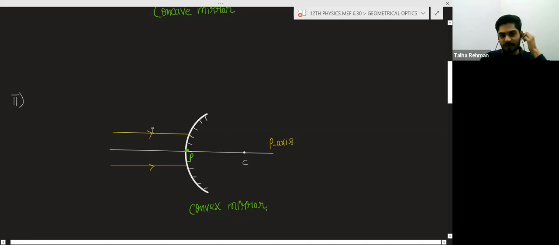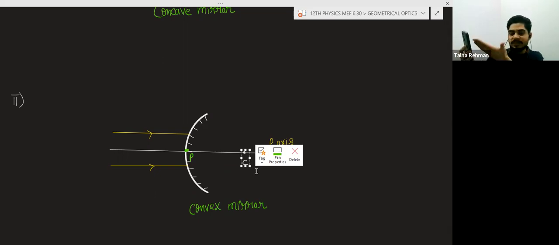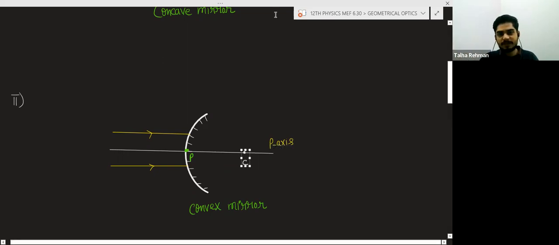This portion is the front of the mirror, and this portion is the back of the mirror. The center of curvature is lying behind the mirror. Suppose this is a mirror, it will behave like a plane mirror.